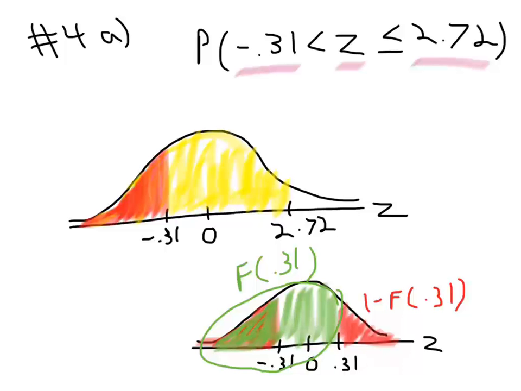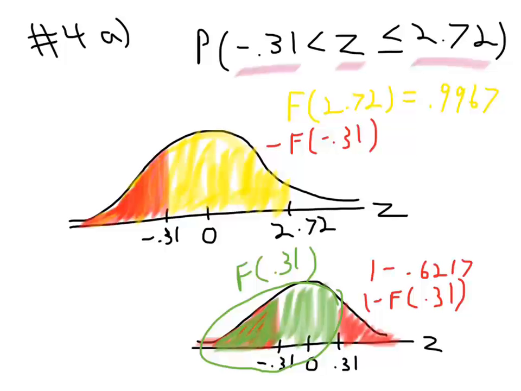So to put a numerical value on our answer, we take F of 2.72, and that's going to equal 0.9967. And then we want to subtract F of negative 0.31, which, let's go down here, F of positive 0.31 is 0.6217.